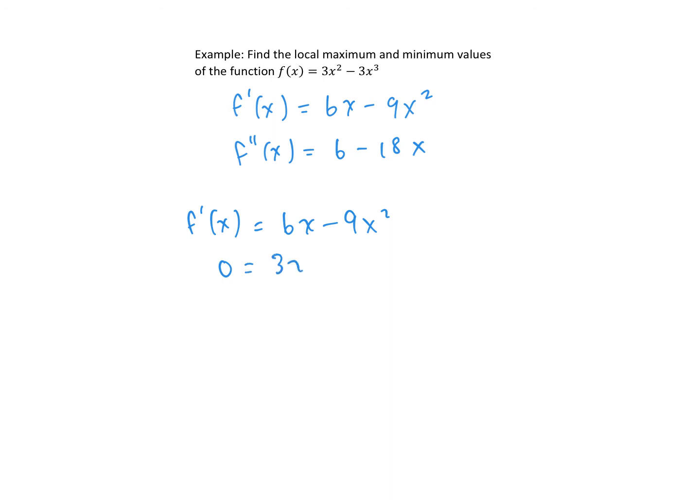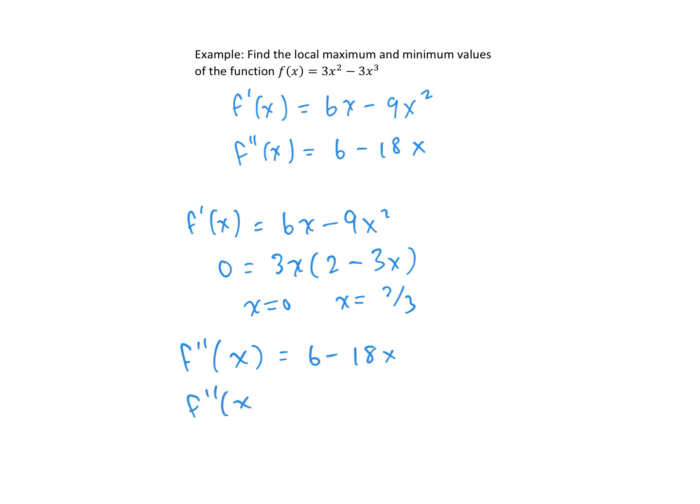I see a common 3x. So we have critical numbers at x equals 0 and x equals 2/3. And once we find those numbers, we can substitute them into the second derivative to see whether we get a positive or negative result.